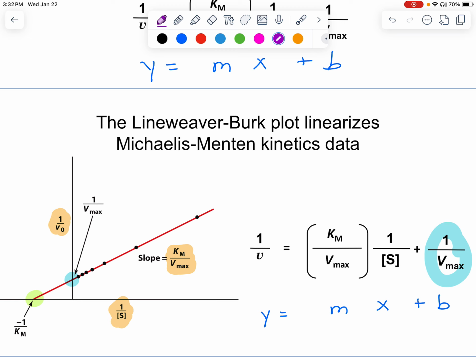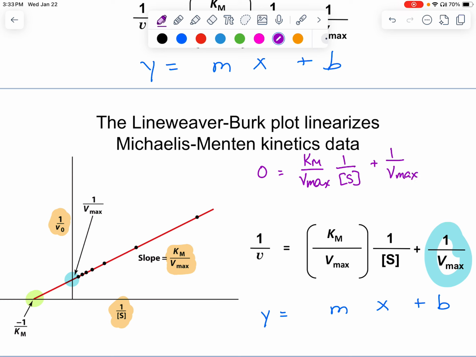So if I look at this equation and I want to look at my x-intercept, I'm looking where y is 0. So y is this whole thing right here, 1 over v. I'm going to plug in 0 for that. So I have 0 equals Km over Vmax times 1 over substrate plus 1 over Vmax.